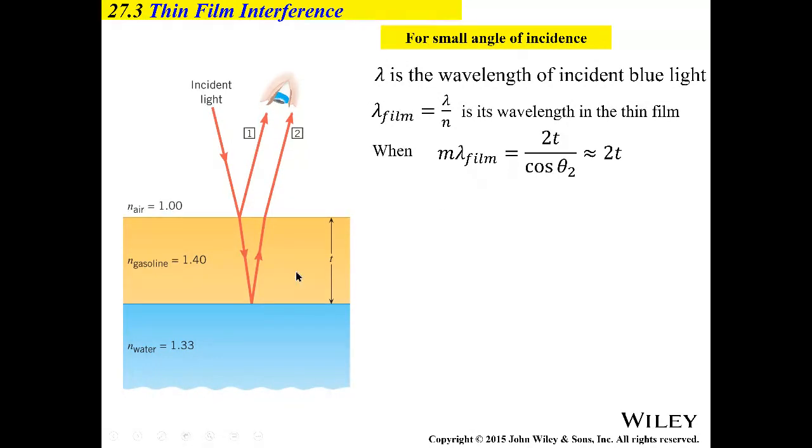And when this is an integral multiple of the wavelength, so that when it has gone through 2t, because the thickness of the film is t, and this 2t is an integral multiple of the wavelength, this wavelength being inside the film, then there is destructive interference.